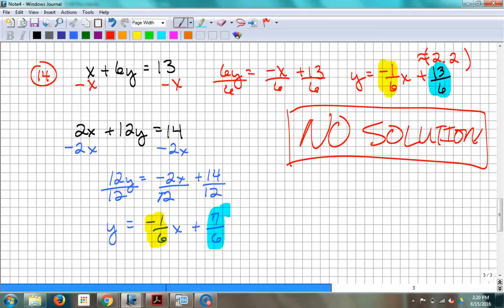Consistent and independent goes with which? One solution. Consistent and dependent is infinitely many. So that's when there's one line drawn. And then inconsistent is no solution. What's that look like? Parallel lines.